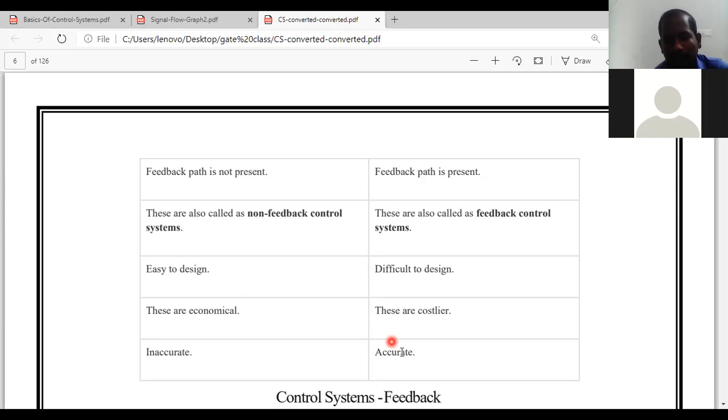Therefore it's accurate. With respect to stability, the open loop control system is more stable than the closed loop control system. The reason is that in a closed loop control system, the linearity will not be there. Is it clear?